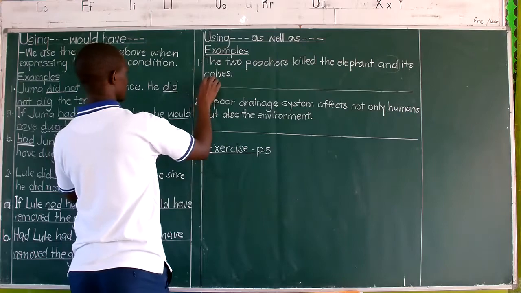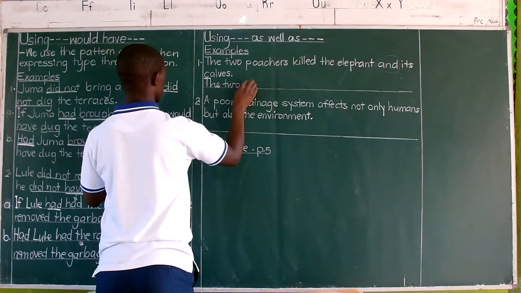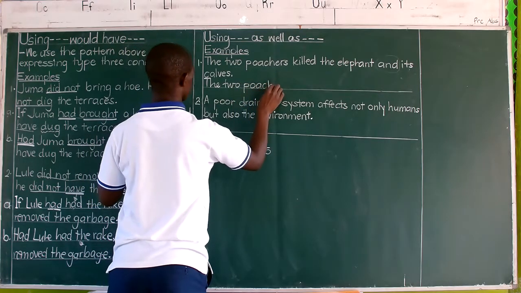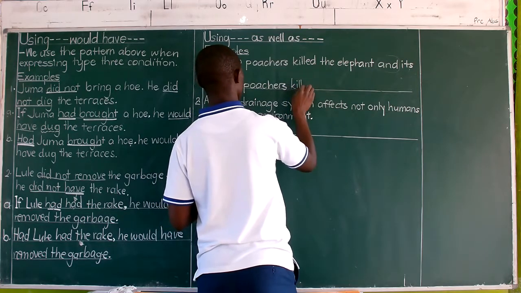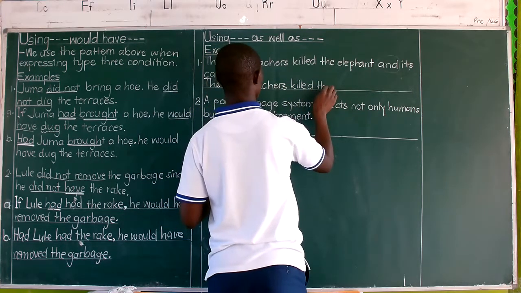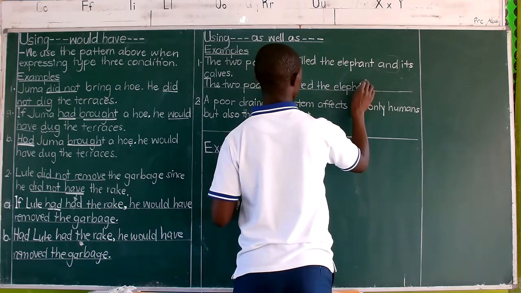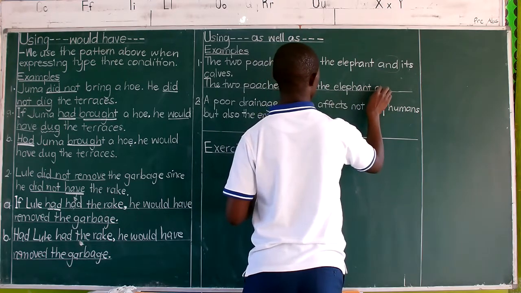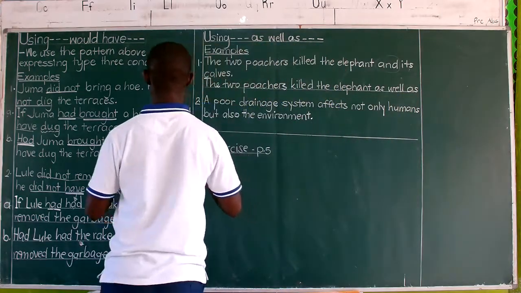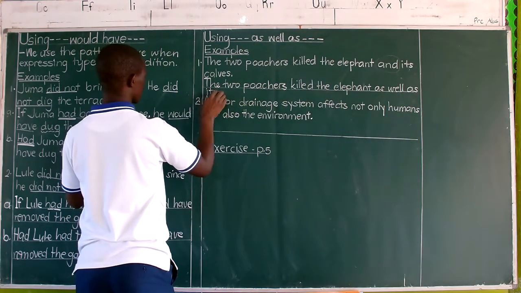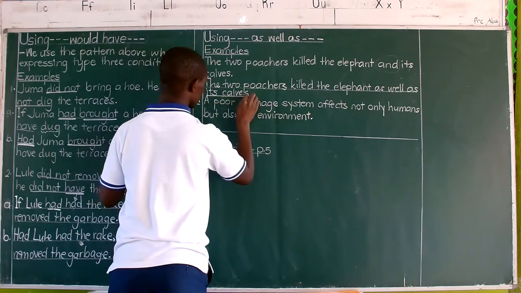So my answer would be the two poachers killed the elephant as well as its calves, young ones.